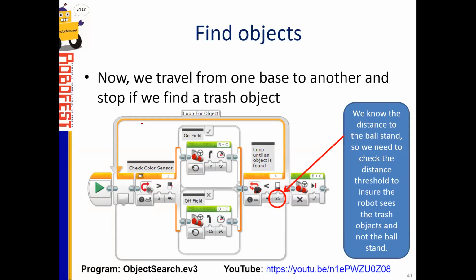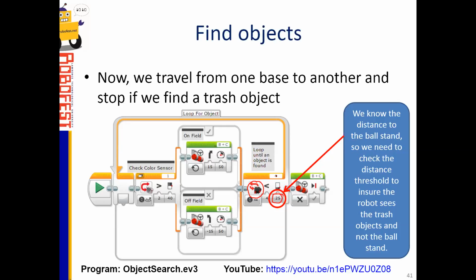There's experimenting involved. So we're now going to travel from one base to the other and stop if we find a trash object. If you notice here, we have our standard line following program, but now the exit condition for our loop is if the ultrasonic sensor sees something at a distance of less than 25 centimeters.